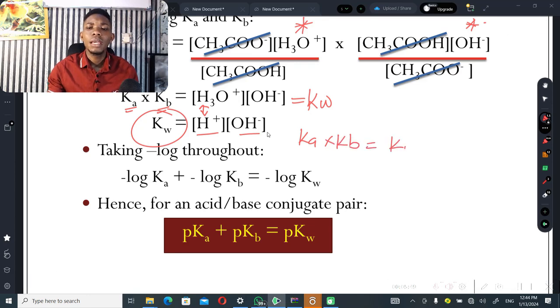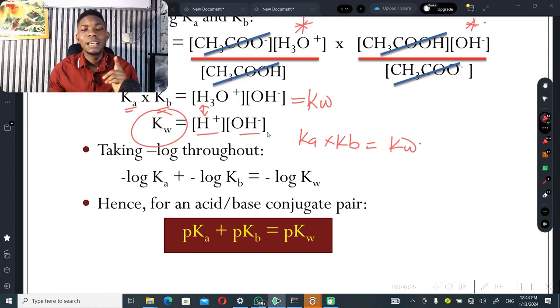Alright? So Ka times Kb is equal to Kw. Now taking negative logarithm of both sides, you multiply through by negative logarithm. In that case, you are going to have minus log Ka plus minus log Kb is equal to minus log Kw. Of course, every one of you knows that minus log Ka is equivalent to pKa, and minus log Kb is equivalent to pKb.